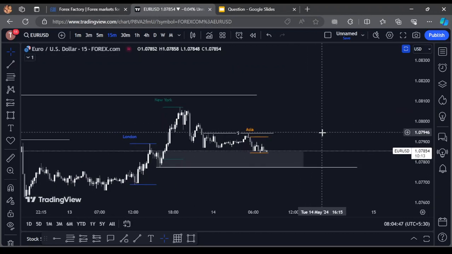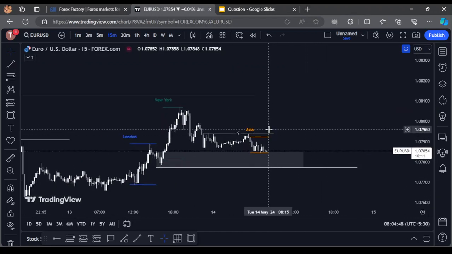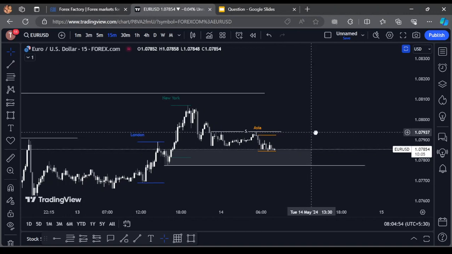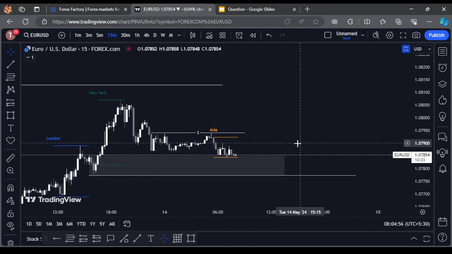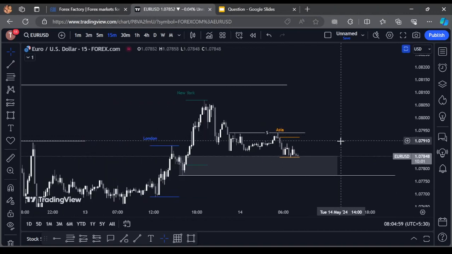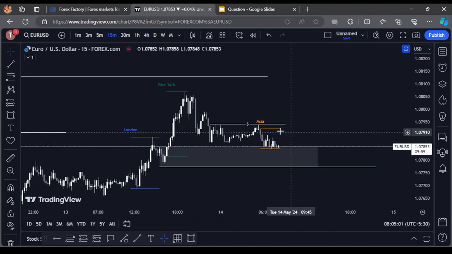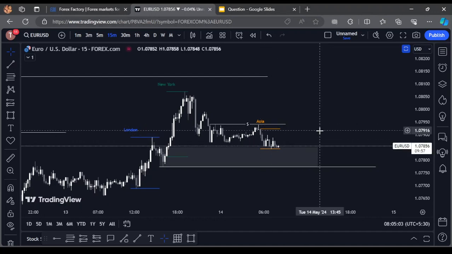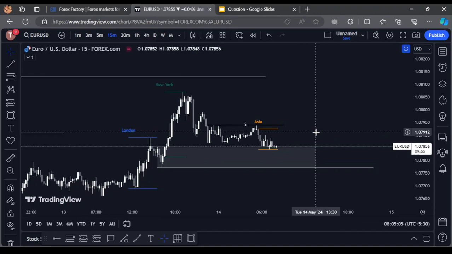So my bias today is that I'll be waiting for the price to give a reaction on either side from these equal highs, that is a candle closure or a wick closure, and that will decide my bias for today's trade. So this is pretty much it.